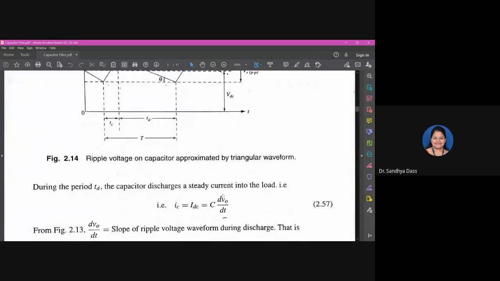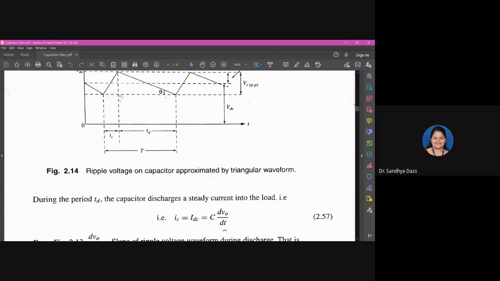We also know that TD is the discharge time. During the period TD, the capacitor discharges a steady current into the load.